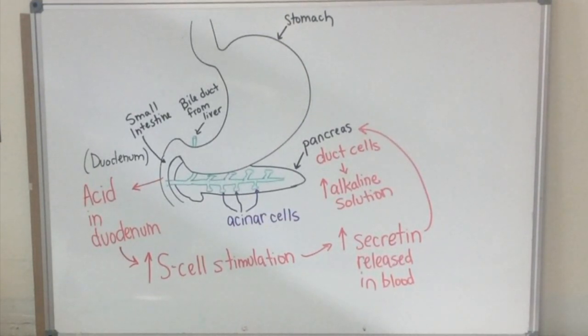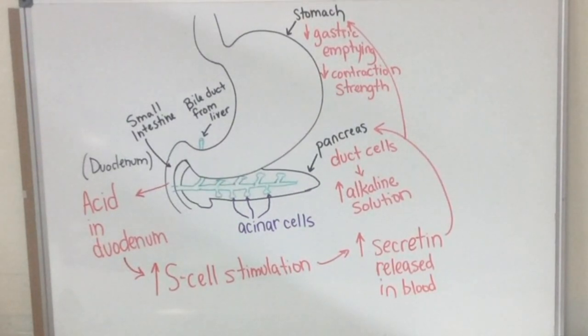Secretin travels through the bloodstream to its target organ, the pancreas. Once in the pancreas, secretin stimulates duct cells to increase the amount of alkaline solution it is producing and releasing. This will result in more alkaline solution being released into the duodenum to neutralize the acid in the duodenum.